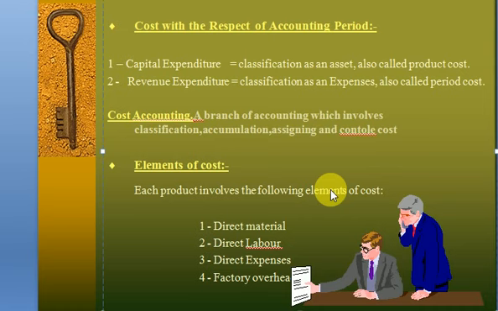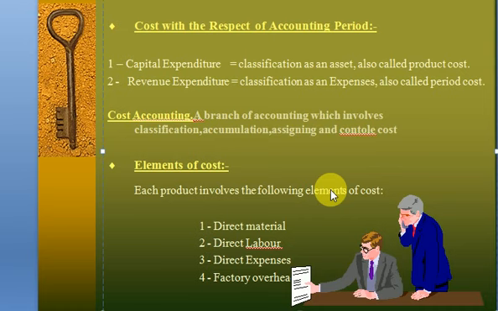Further, these are classified nature-wise. Material is divided into two portions: direct materials and indirect materials. Labor, so direct labors and indirect labors.